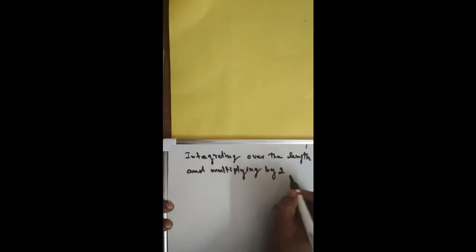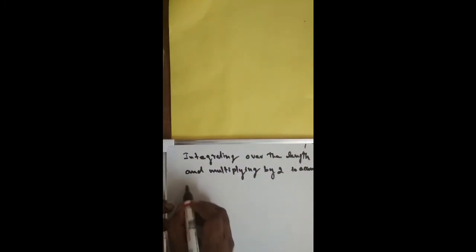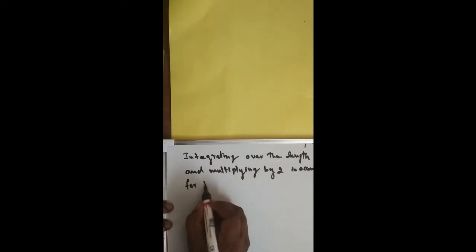We have two flanges, that's why we are multiplying by 2 to account for both flanges.